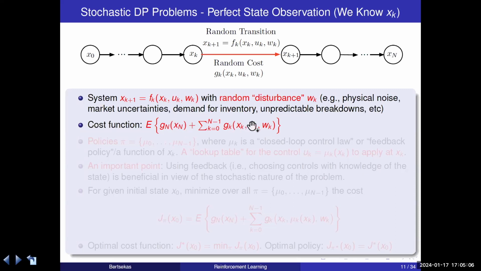This is not a number, but rather a random variable, right? Because W is random and also the states are random. So to get a number that will characterize the performance of a sequence of controls, we need to take the expected value. Expected value, that is the weighted sum of the values of this cost weighted by the corresponding probabilities. So that's our cost function.